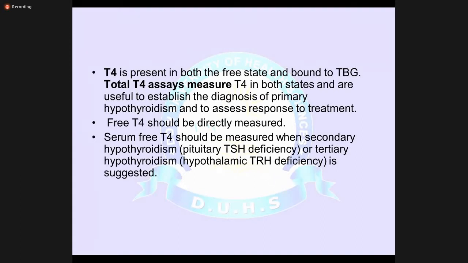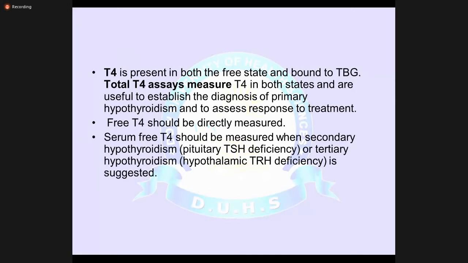Free T4 should be directly measured. Serum free T4 should be measured when secondary hypothyroidism, that is pituitary TSH deficiency, or tertiary hypothyroidism, that is hypothalamic thyrotropin releasing hormone deficiency, is suggested. So if you are suspecting that this patient is having secondary or tertiary hypothyroidism, that is, the fault is either in the pituitary or hypothalamus, in that case you order free serum T4 level and TSH level.